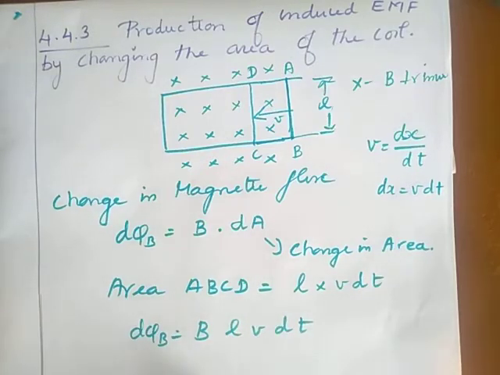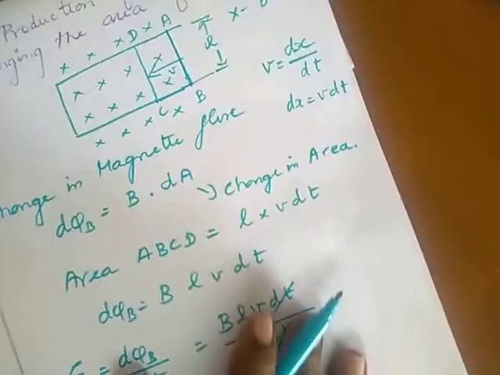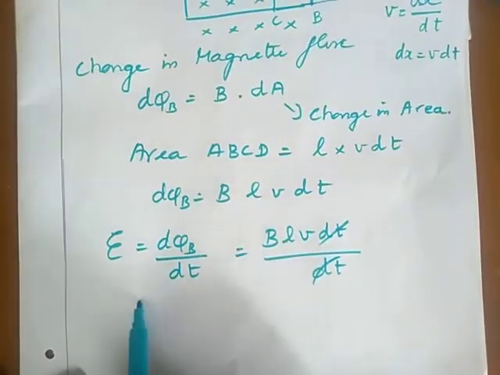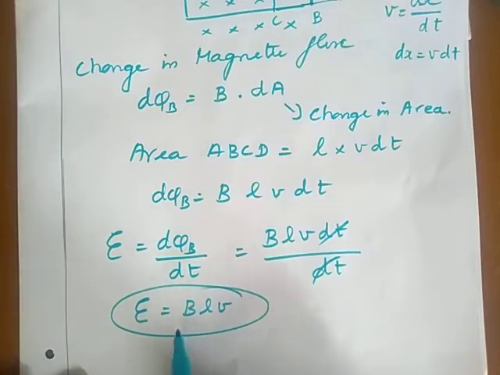Okay, we know according to Faraday's law, the EMF is the rate of change of magnetic flux, d phi B by dt. Then substitute this B L v dt by dt. dt is going to cancel. Then epsilon is equal to B L v. This is known as motional EMF.